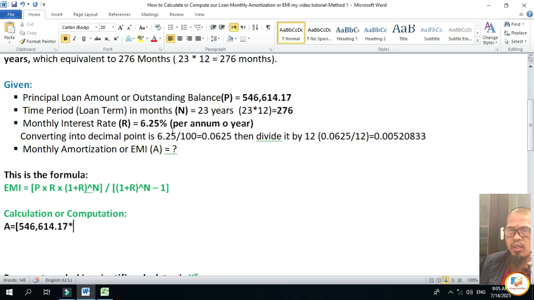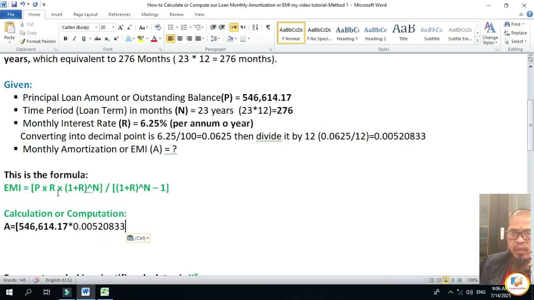Since this is a percent, we convert it to decimal, 6.25 over 100, which is equal to 0.0625. Then we divide this by 12 because this is per annum, and 1 year is 12 months. 0.0625 divided by 12 is equal to 0.00520833. This is our R. We put it here.